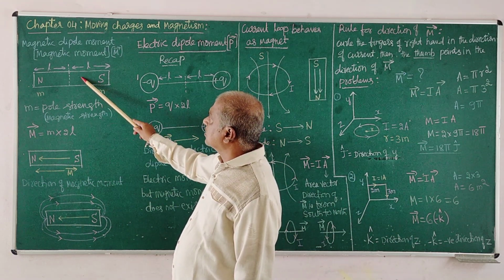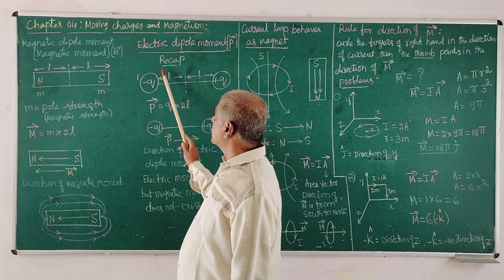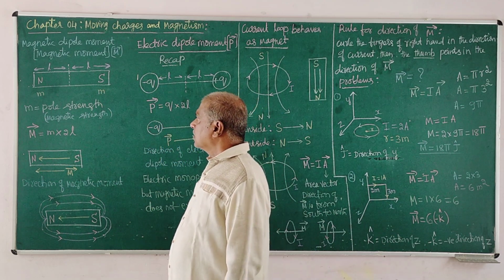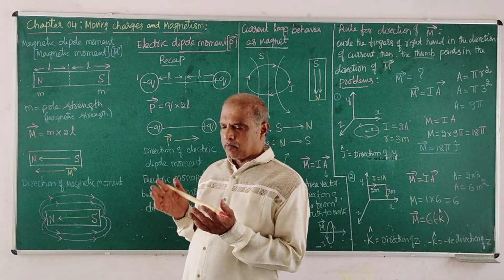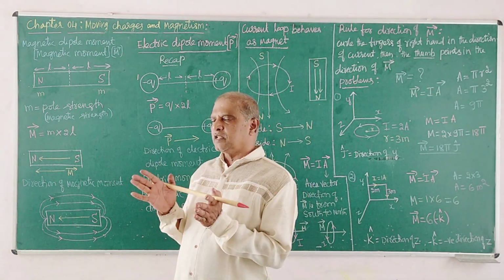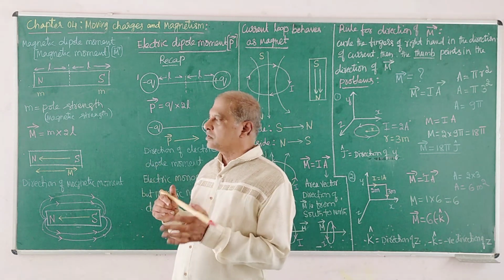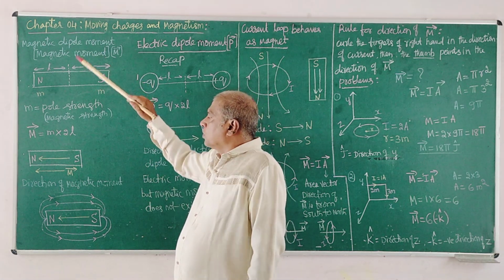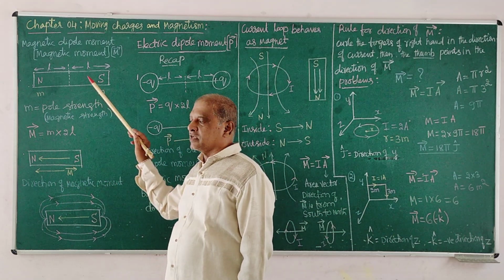And it is called a magnetic dipole, just as that is called an electric dipole. An example for a magnetic dipole is any magnet, macroscopic. Macroscopic means it contains billions of atoms and molecules. Solid material, magnetic dipole. A permanent magnet is an example.